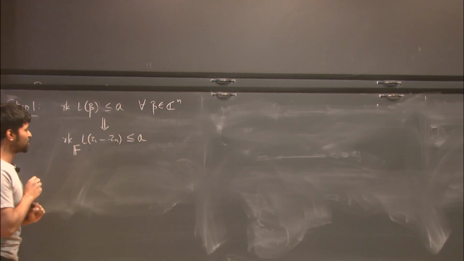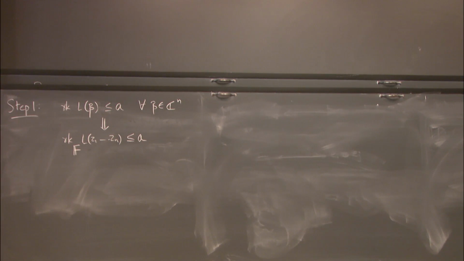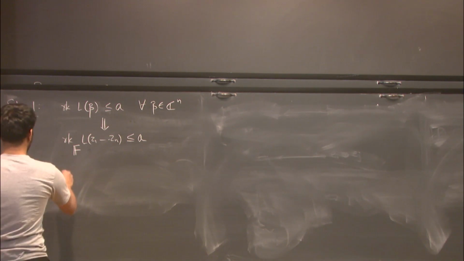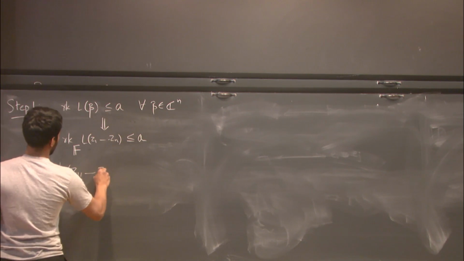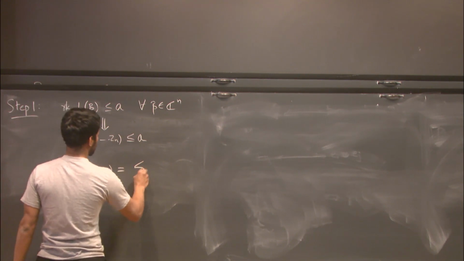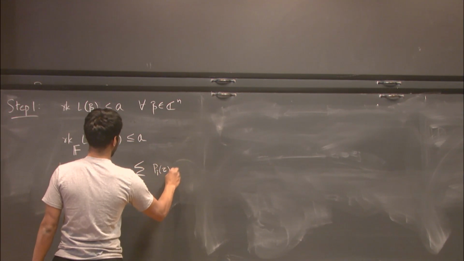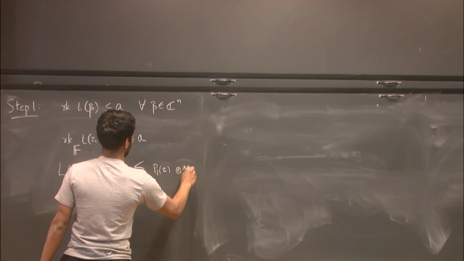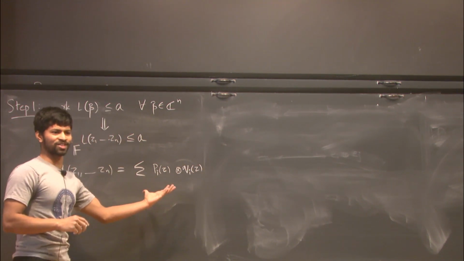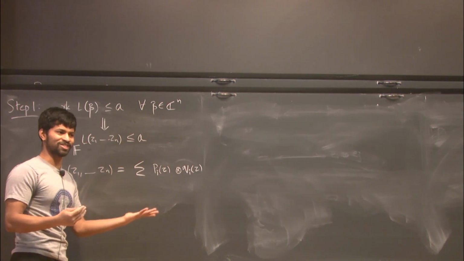But then what does this mean? One of the things I did right at the beginning was I told you we can think of matrices as 2 tensors. So the fact that it has rank less than or equal to a means I can write it as a sum of a rank 1 tensors. Rank 1 tensor looks like this. I will write it in tensor notation because it's easier.